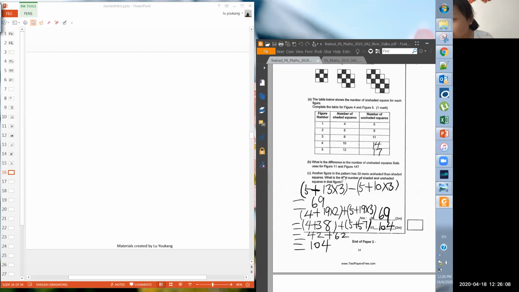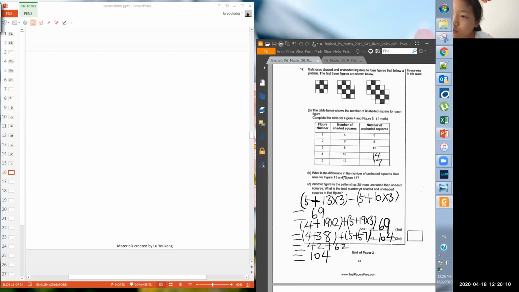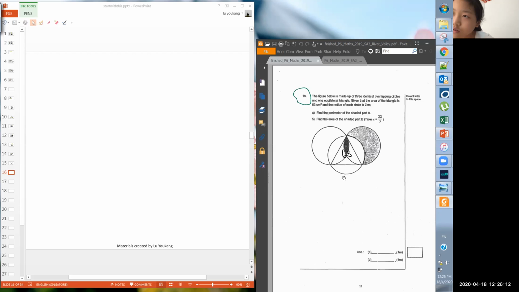Okay, but anyway, I think 16 is more interesting. Okay, 16 is more interesting. So it says find the perimeter of the shaded region. Right? Okay, for this question, let me get it out.